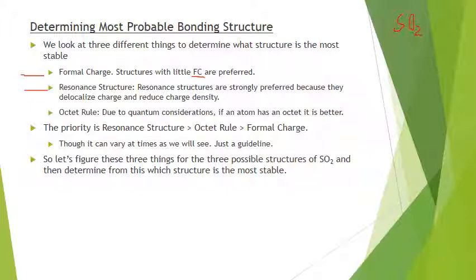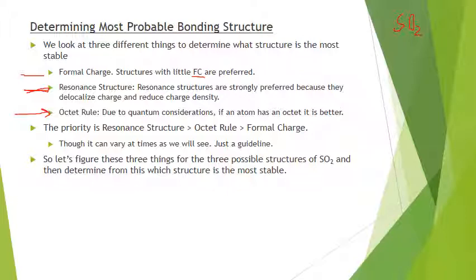We'll be looking at resonance structures. Resonance is a really strong reason for stable structures and therefore being probable, and the reason resonance structures are strongly preferred is that they delocalize or spread out charge density. And the third one is the octet rule. Due to quantum considerations, if an atom has an octet, it is usually better.